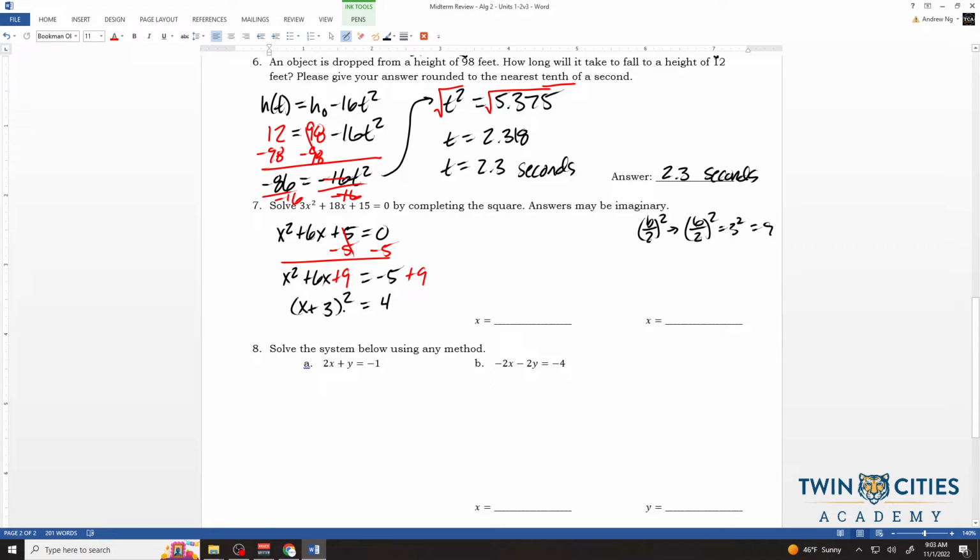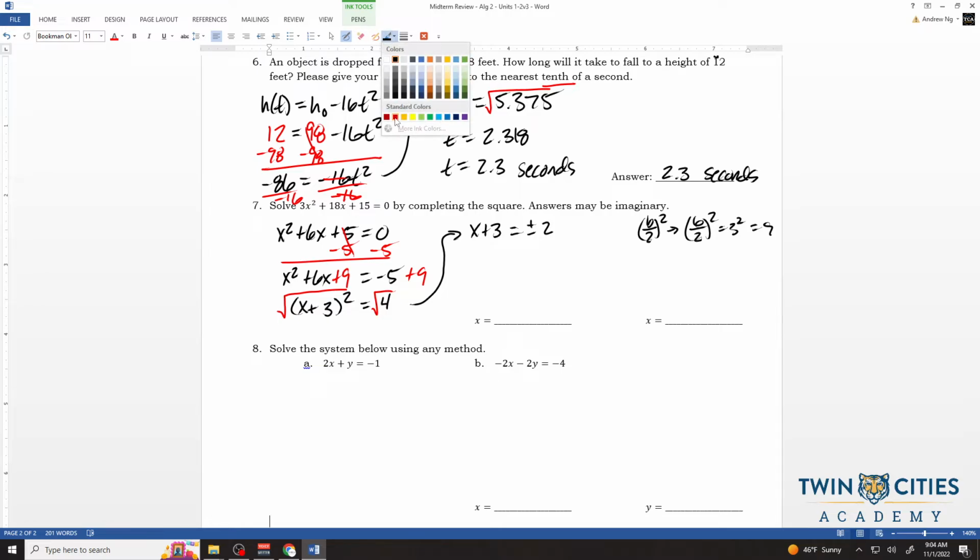Okay, now we can take the square root. Square root of something squared is just that something, so it's going to be x plus 3. And that's going to be equal to plus or minus the square root of 4, which is 2.